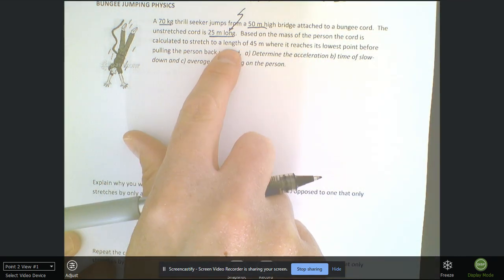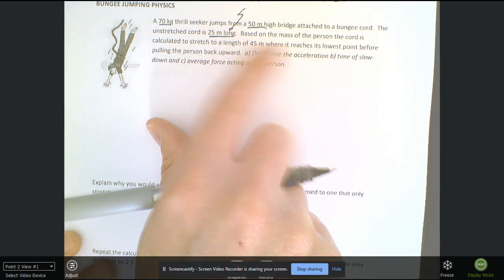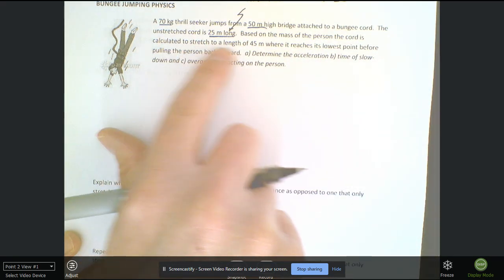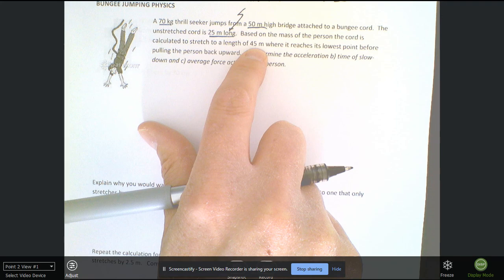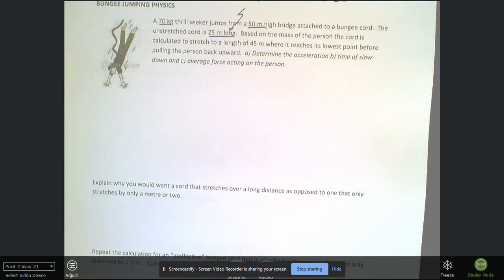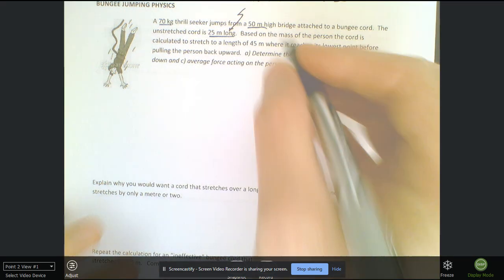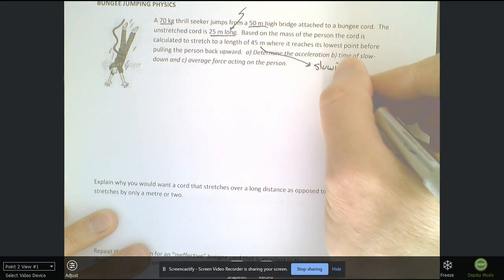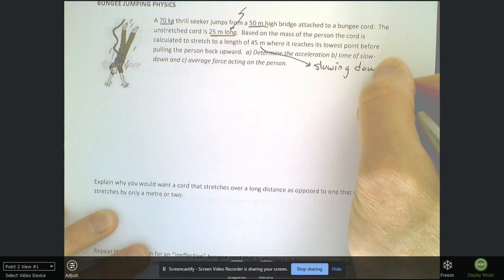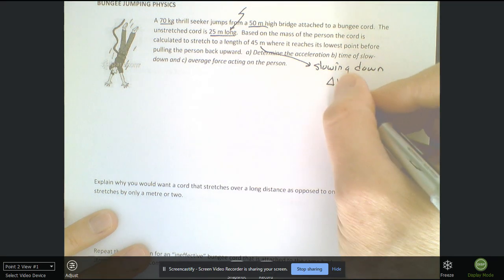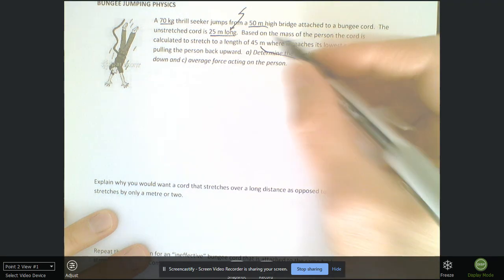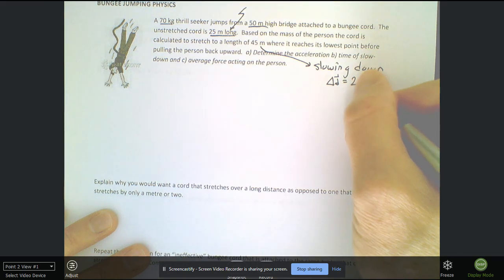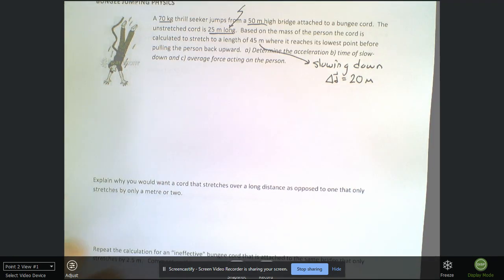Okay, and now it says, based on the mass of the person, the cord is calculated to stretch to a length of 45 meters. So it's going to stretch a total of 45 meters, which means that the slowing down part, displacement, is 45 minus 25, which is 20 meters of slowing down.